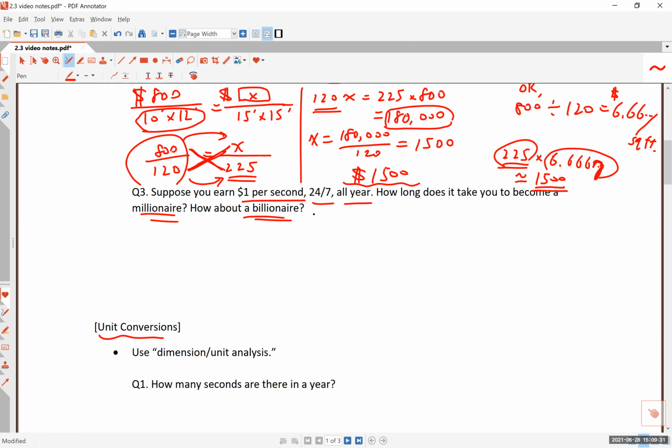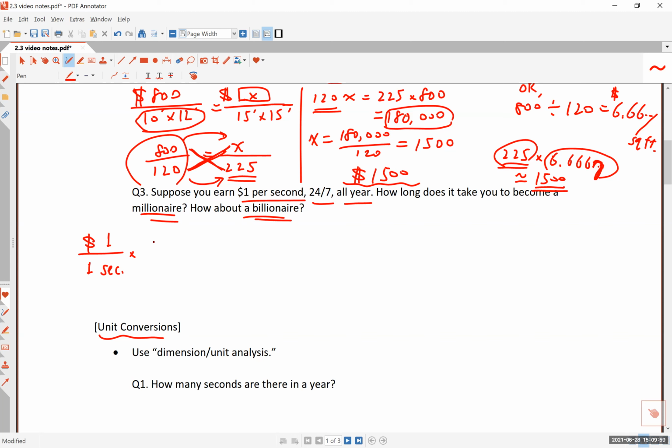Now, how do you really think about this? Well, what you can do is as follows. This person is making $1 per 1 second. And when you convert this to calculate the number of minutes and hours and days, what you do is multiply.